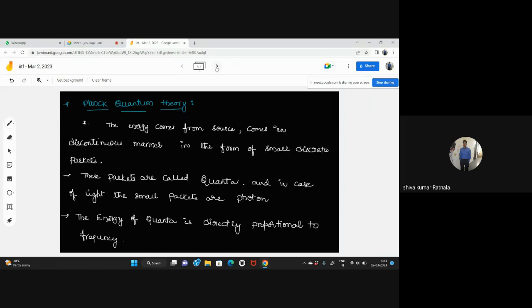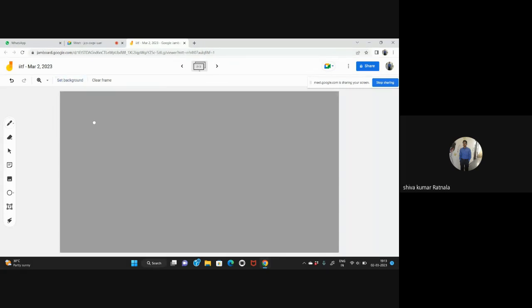Understood, Anna? That means, simply see, this is the source and here is the target. Then light will come from the source in the form of packets, like this. This is one packet, one packet, one packet. These small packets are called photons.